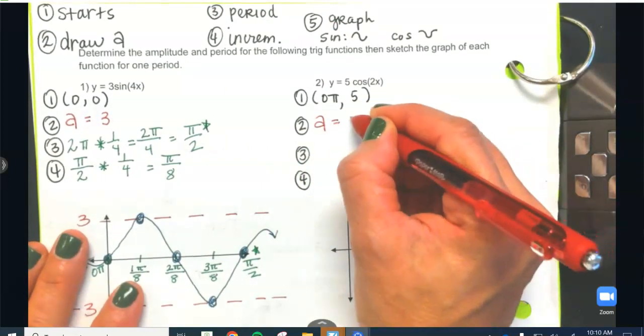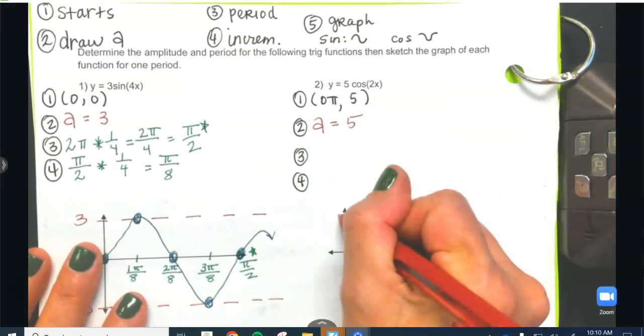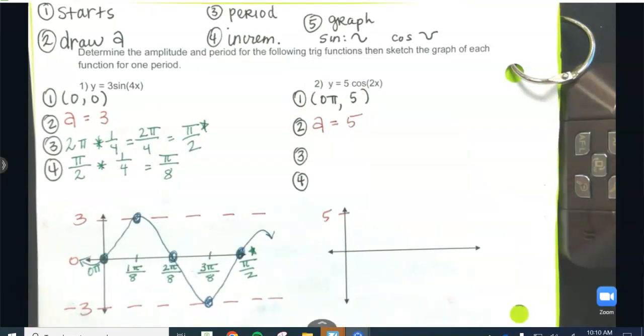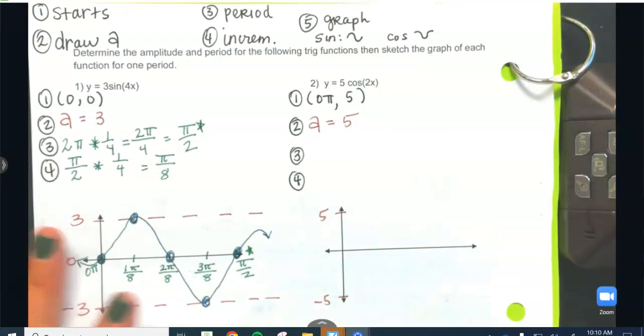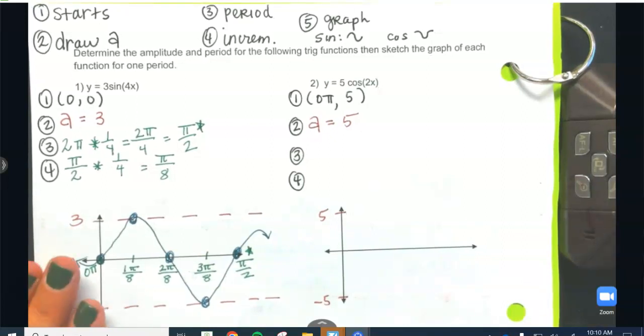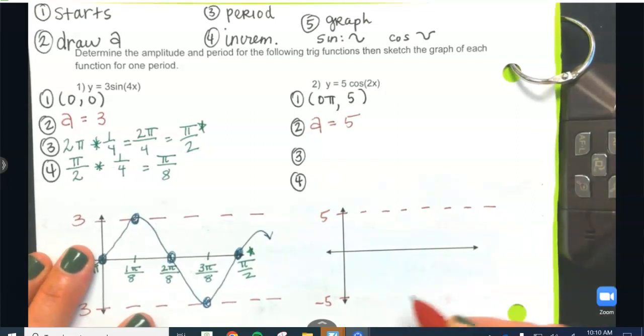And remember, A stands for amplitude. The highest it gets is 5 places above the middle. The lowest it ever gets is 5 places below the middle. Let's go ahead and extend those out.